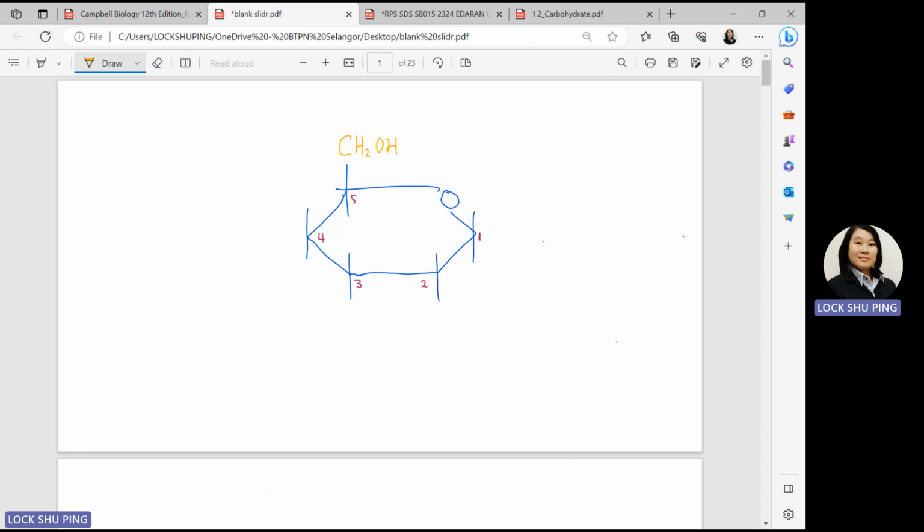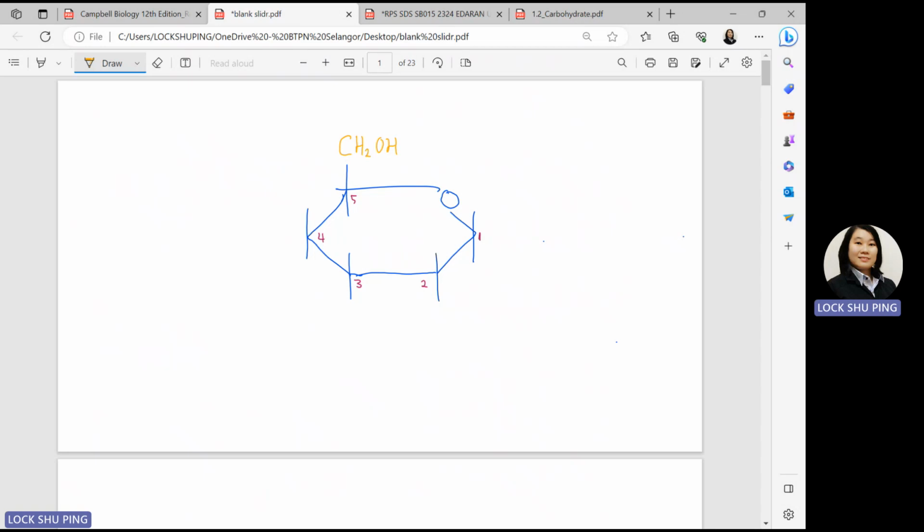Now step number 4, we have already added carbon number 6. Then step number 5, we're going to add in the OH group, the hydroxyl group, and also the hydrogen atom to each of carbon number 1 until carbon number 5. So how to add them?